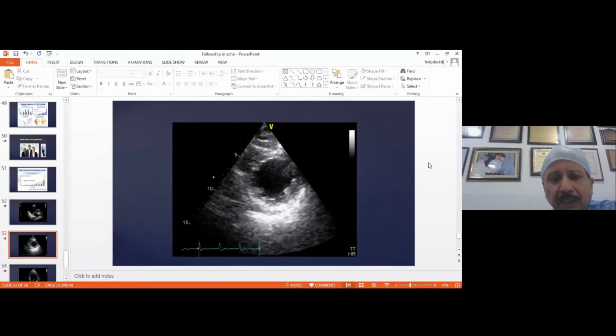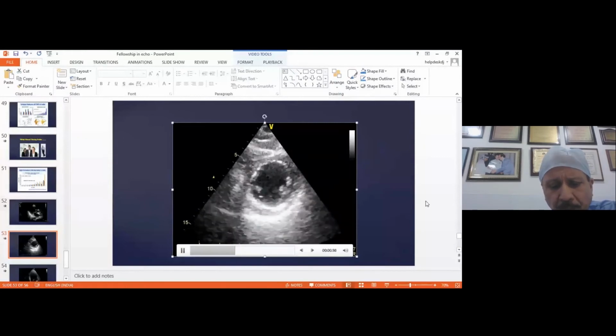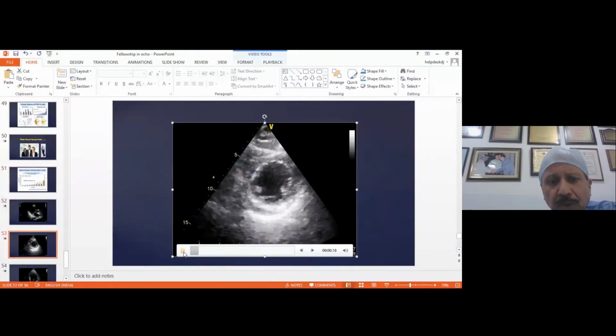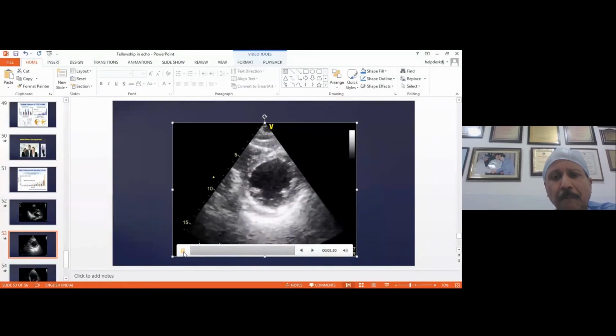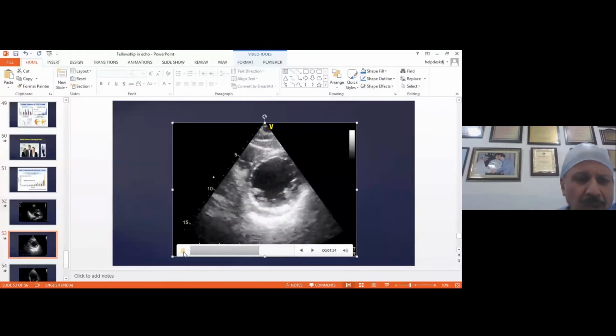And this is another short axis view showing you wall motion abnormalities in the posterior wall. These things make you confident that you can diagnose disease at the bedside when the ECG may not be showing everything, and take appropriate action.